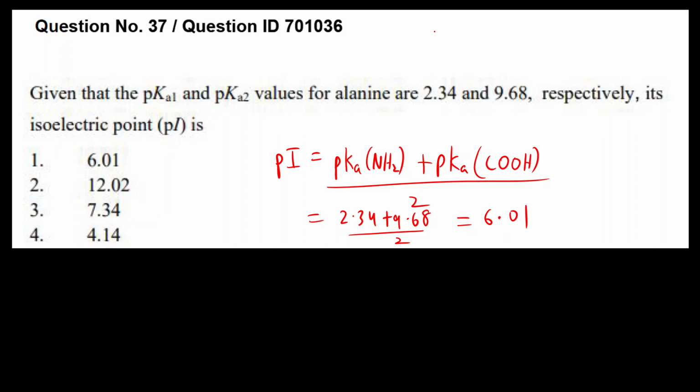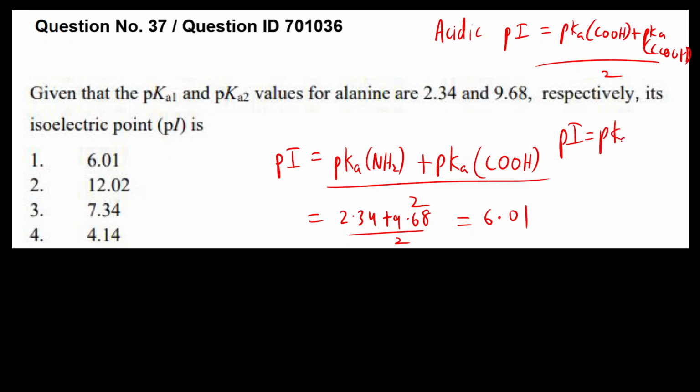If it is an acidic amino acid, what will be the PI? pK of one COOH group plus pK of another COOH group divided by 2. For a basic amino acid, it is the average of the two basic NH2 groups, divided by 2. Here the answer is option 1.